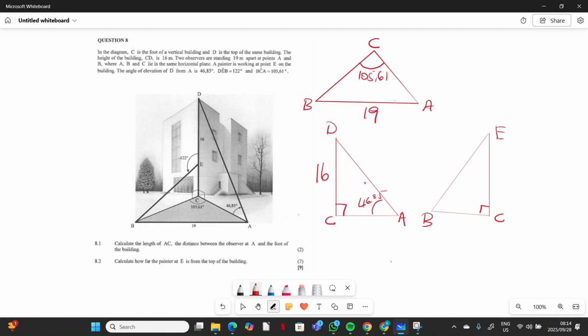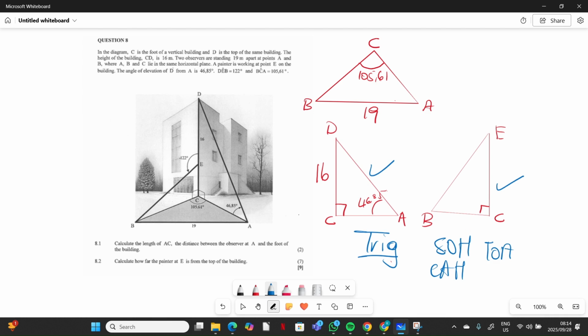Right. Now, I want you all to see something. Since you have these triangles separated, everything becomes easier. Why does it become easier? Because when you look at these two, the only thing that you'd be doing with them is using trigonometry. What do I mean by that? You would use your SOH CAH TOA.